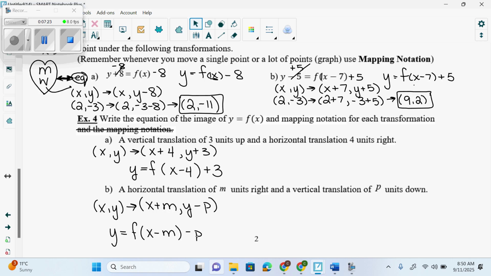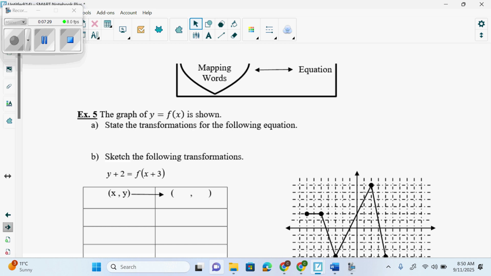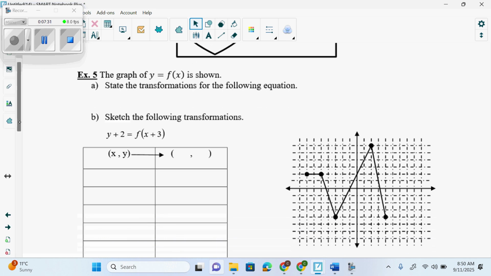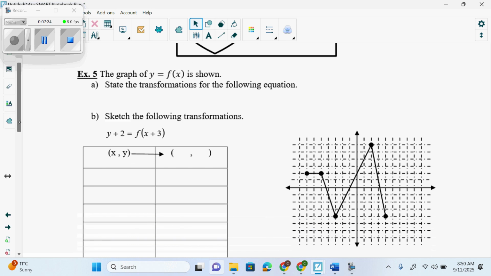Okay, then flip over. I get that you can do this without mapping. Let's just acknowledge that. Yes, you can.